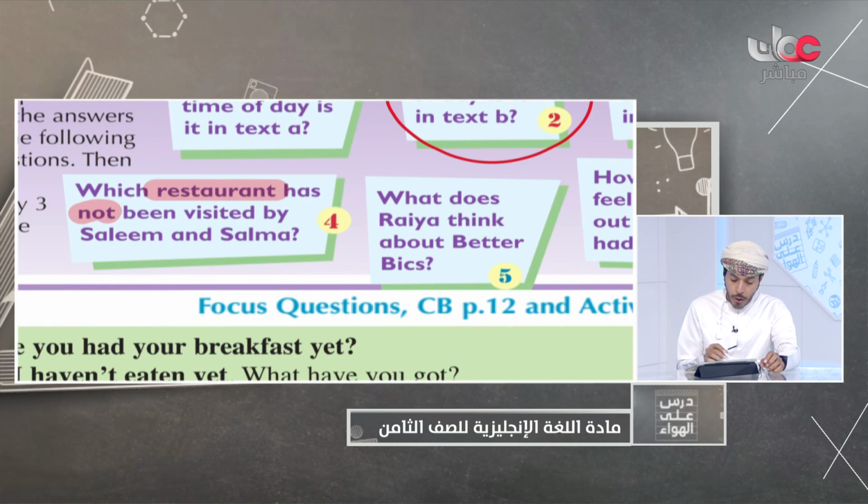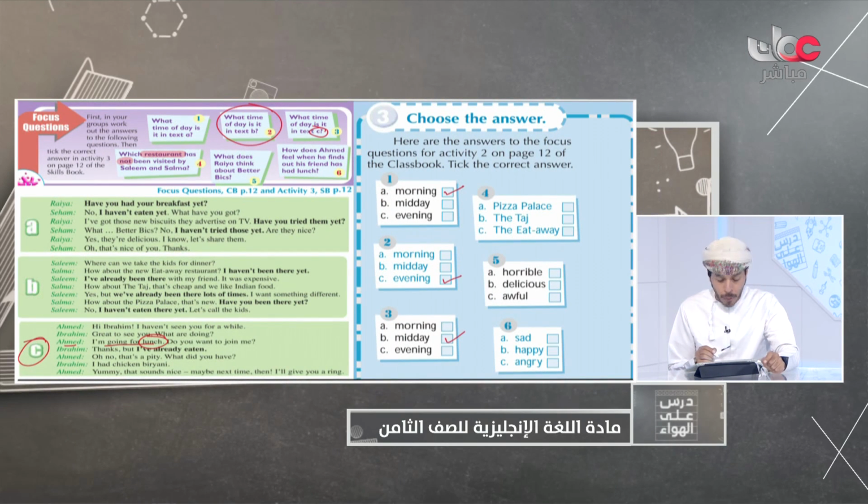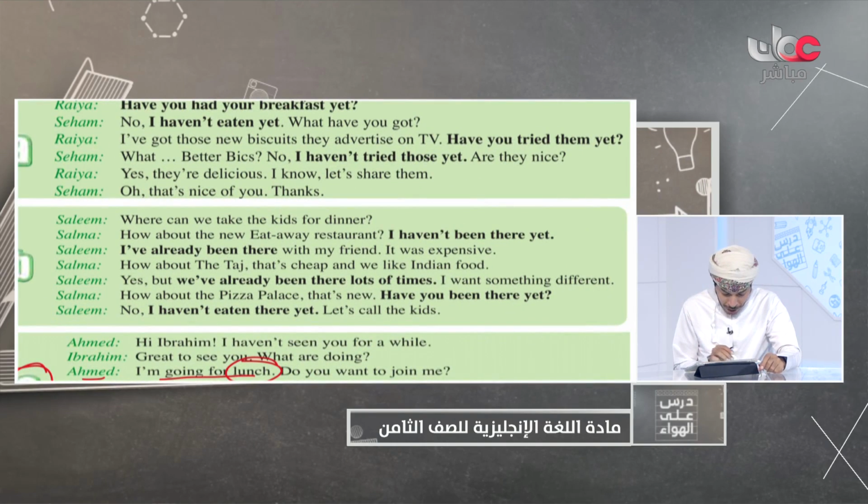So here we have the conversation between Salim and Salma. We go immediately to conversation B because it is between Salim and Salma, okay? They are good couples. They share similar names. So, Salim and Salma, there is one restaurant that they didn't go to.